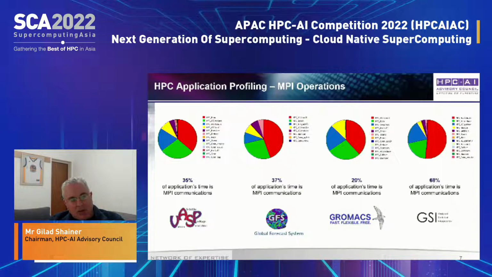GFS is almost 40%, GROMACS is 20%, and GSI is almost 70% of the time spent within communication frameworks. In the traditional architecture, the CPUs were the only entity that did the compute and communications, so we were managing the communication cycles.